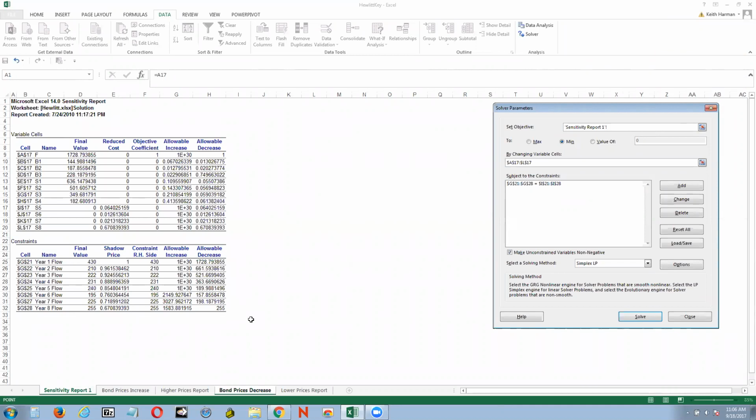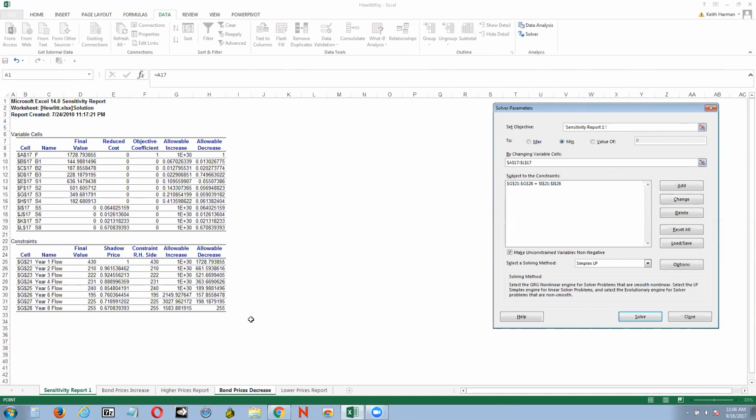Now you're going to notice there in the constraints a shadow price. And this is also known as the dual price, and that's the change in the value that you get with one additional increment. It's like an elasticity, or marginal utility.